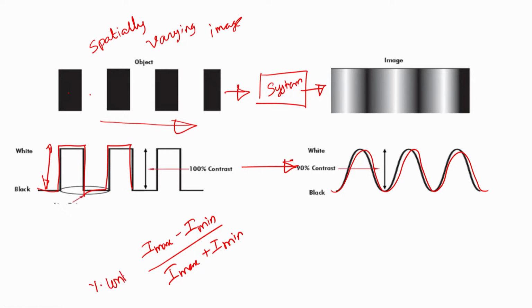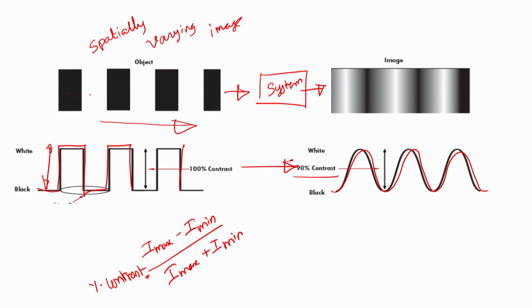This is one definition of contrast. So, in this case this is going to be 100%, whereas here the contrast has reduced. Let us say this is 90%.